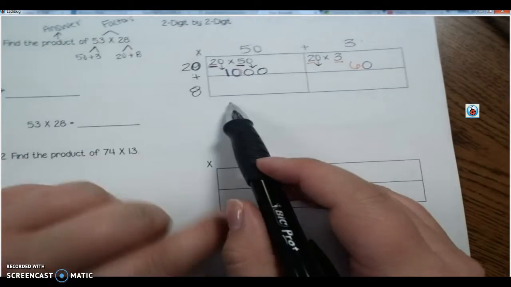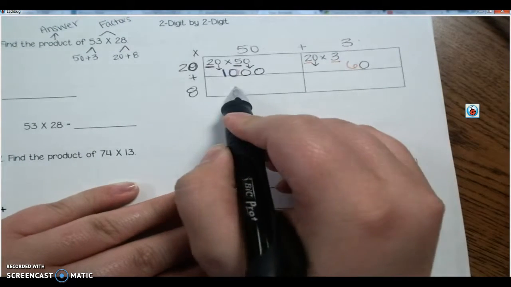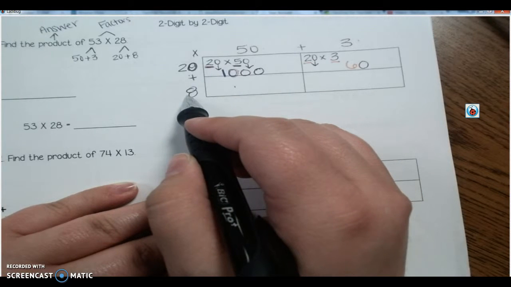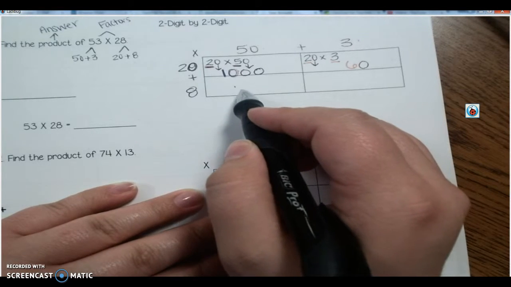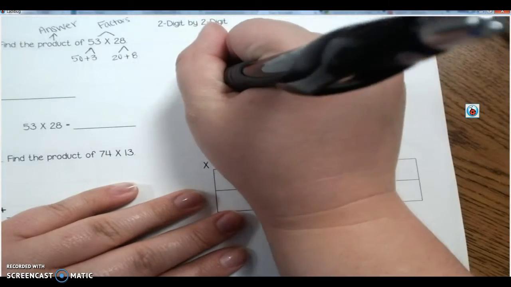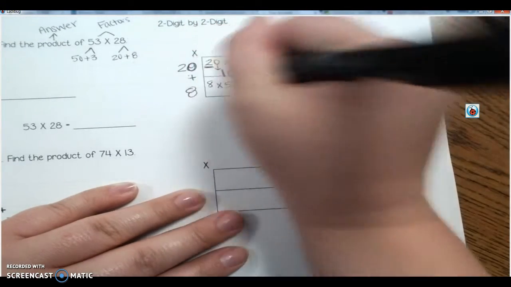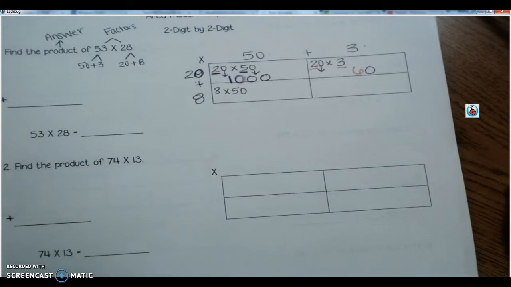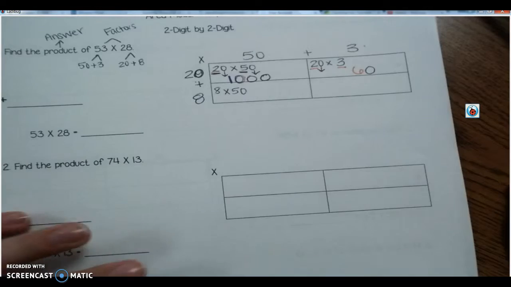We'll go down here to the bottom row. To figure out what I need to multiply to find the area of this box, I look over. I'm going to multiply 8 times, look up, 50. 8 times 50. Again, 50 is a pretty large number. We don't all know our 50's multiplication facts.